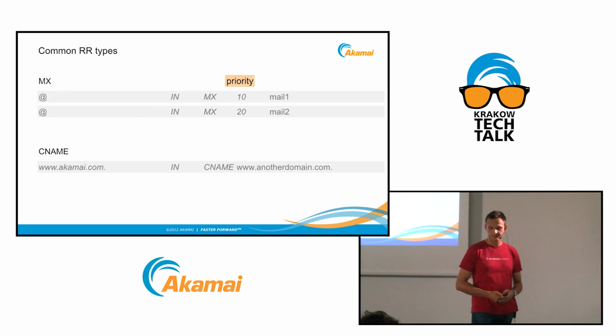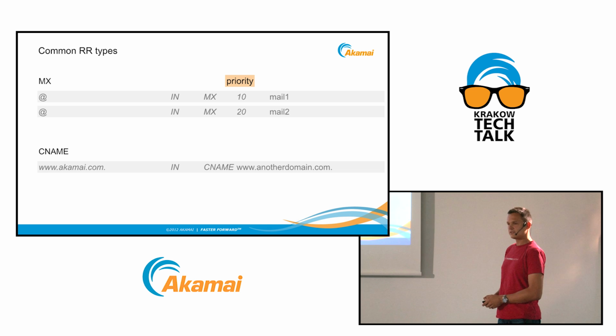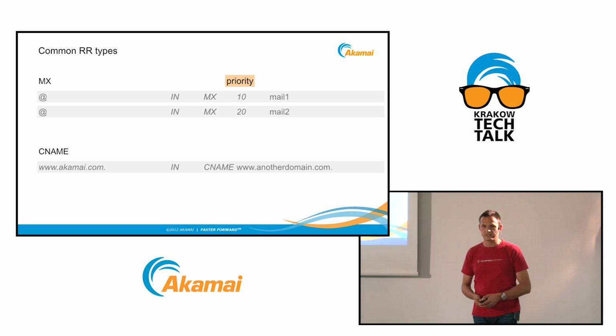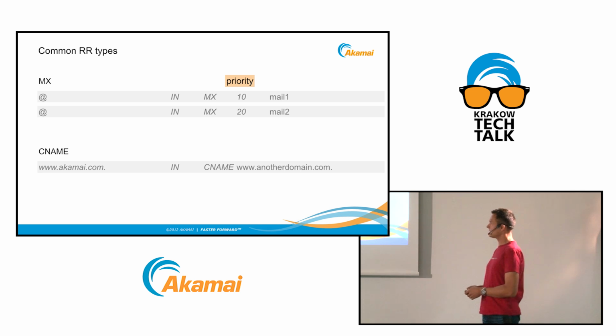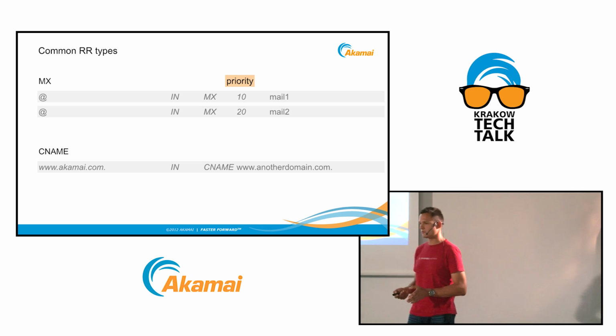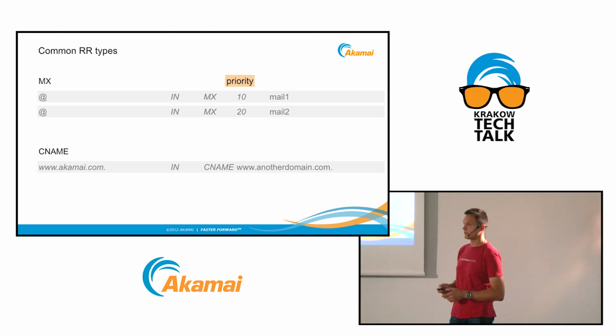Mail exchanger. What is a mail exchanger? It is the mail server that is responsible for accepting emails for my domain. So when I want to send an email to Akamai.com, I need to know where I should send that email. And that's the place to look. So my DNS has the knowledge.